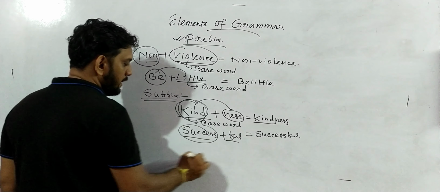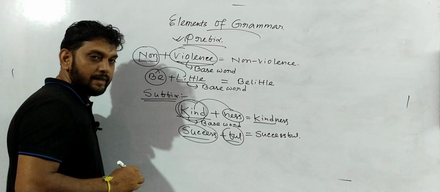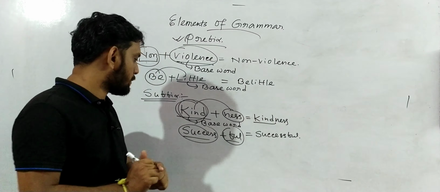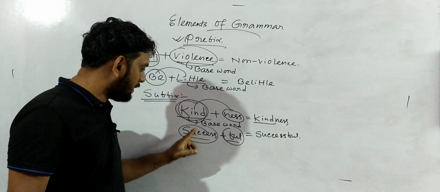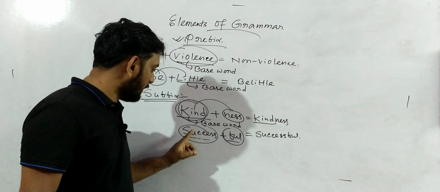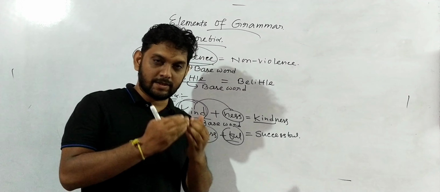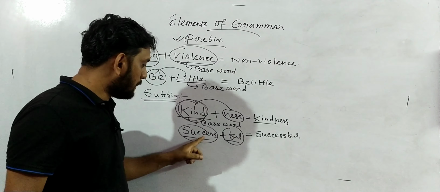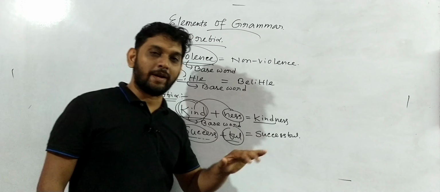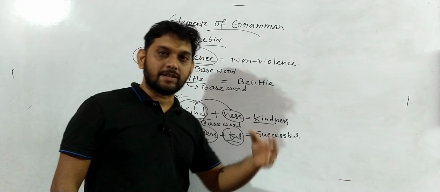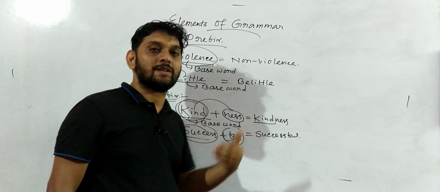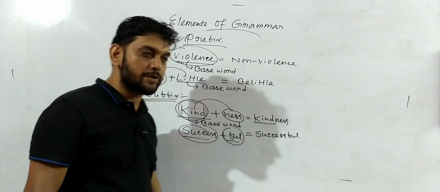Success is a base word, and I have added ful with success, and it becomes successful. If you ask me what would be the part of speech of this base word success, part of speech of success is noun. But when I add ful, it becomes adjective. So that's very important. Whenever I add suffixes with the base word, it changes its part of speech.